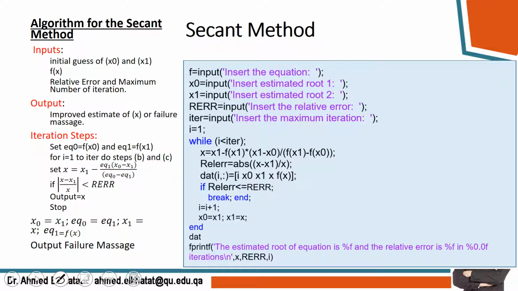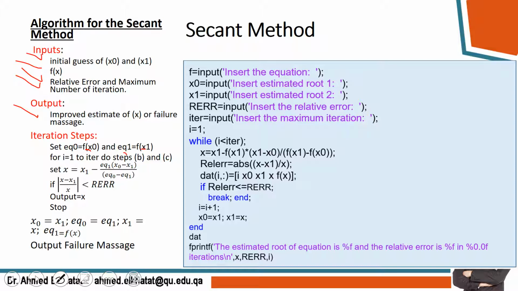Now since we have a clear picture, we can create our method. We have input: initial guesses x naught and x1. We have to put in f of x. Then we also put in the relative error and the number of iterations, and the output will be the improved estimate or an error message. First we set f0 to f of x0 and f1 to f of x1.